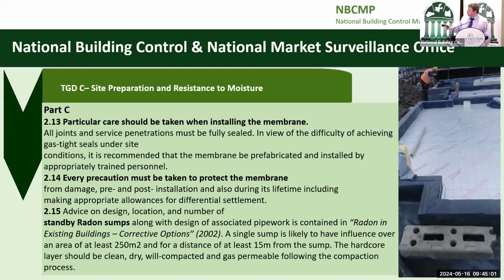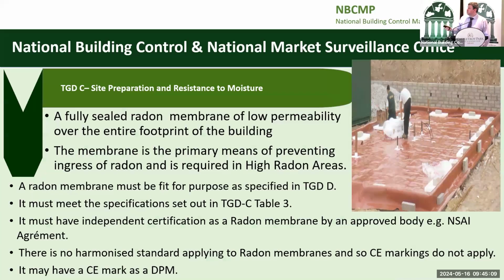You can see the workmanship and the joints, lovely square details, lovely and flat for the blockwork to go on top of it. Very well done. I'm sure there's other bad examples out there, but it's all about getting that detail right and that workmanship and the sealing of the pipes and penetrations and all that. And as we go through the day, you're going to hear more on that from Pat.